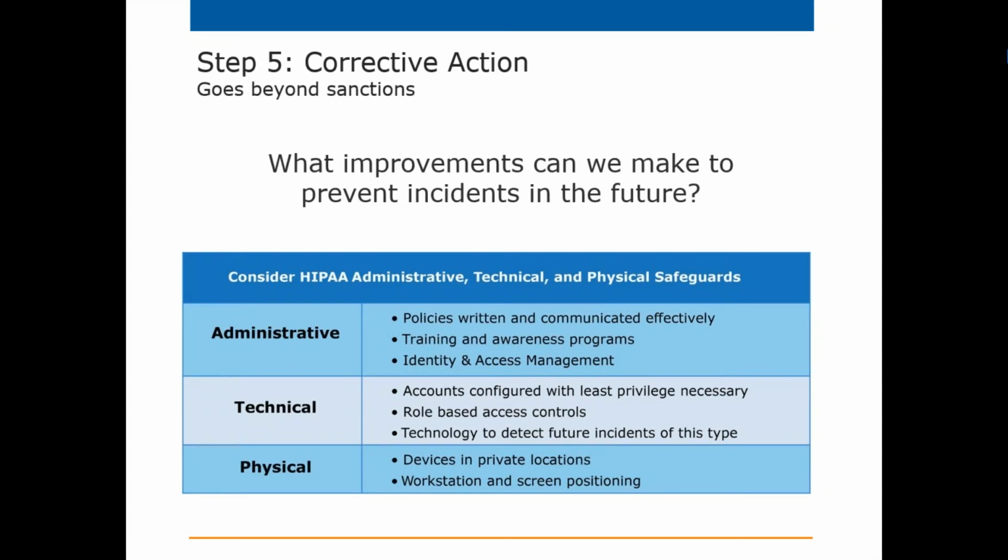Now, I broke this into 3 categories. There are administrative changes that you can make in your organization. There are technical and there are physical, just like in the HIPAA guidelines. The administrative changes you can make is just good policies that you're effectively communicating to your organization. Now, let's go back to my self-access example.